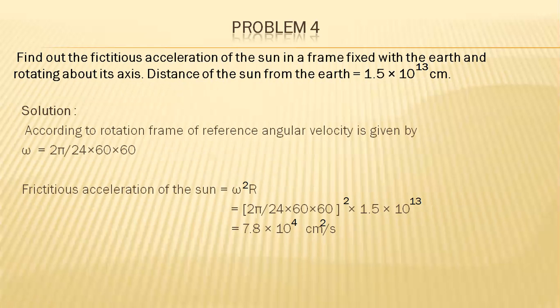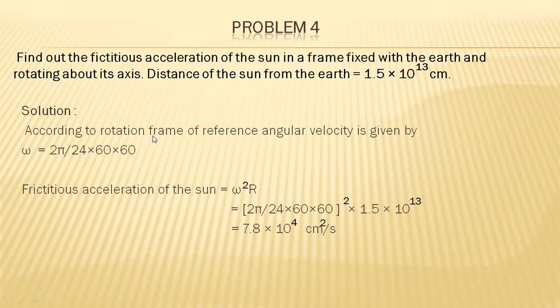The fourth problem: find out the fictitious acceleration of the sun in a frame fixed with the earth and rotating about its axis. The distance of the sun from Earth is given as 1.5 × 10^13 centimeter.